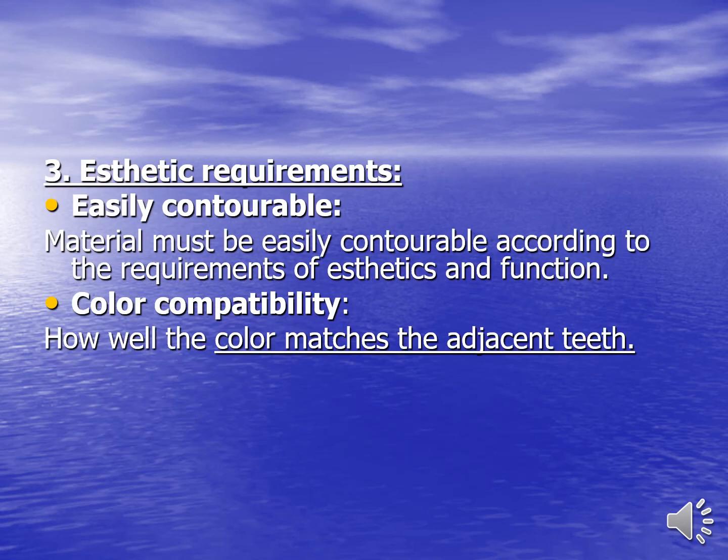Last is aesthetic requirements or considerations. Foremost is easy contourability, meaning it should be of such material that could be contoured according to the requirements of aesthetics and function. Then its color compatibility, that it should ideally be matchable to the adjacent teeth.